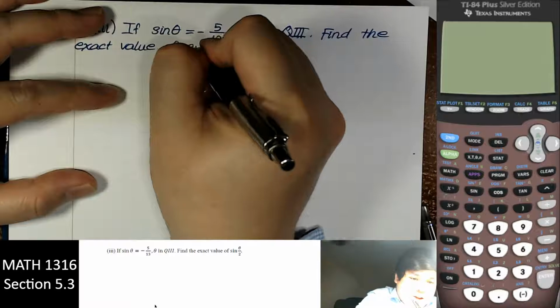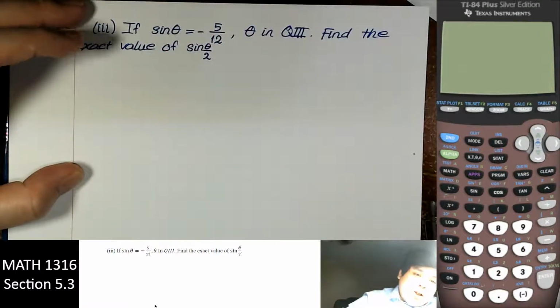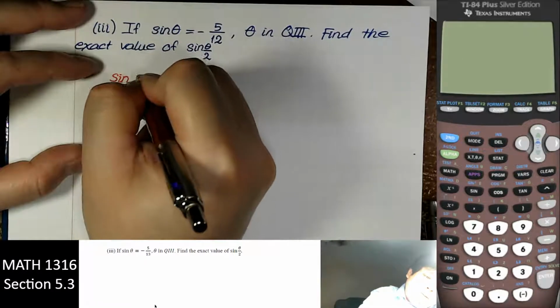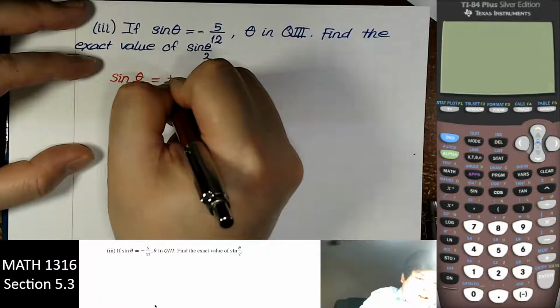Sine of theta over 2. Right. So we see sine of theta over 2. So that obviously needs a half angle formula.